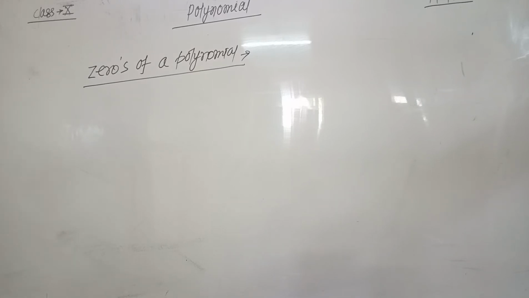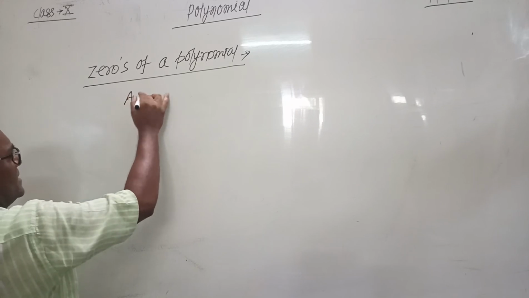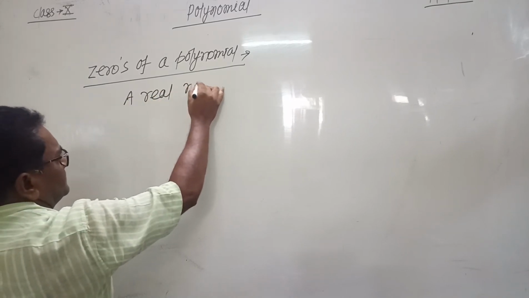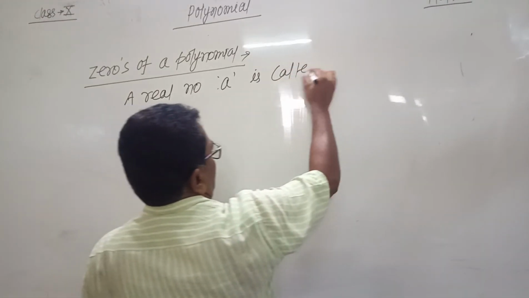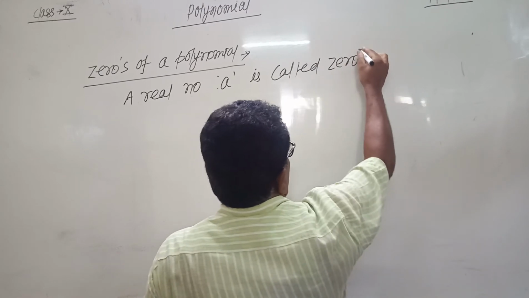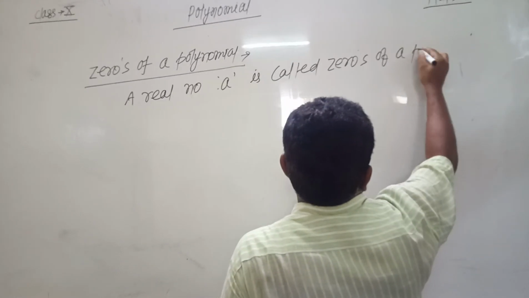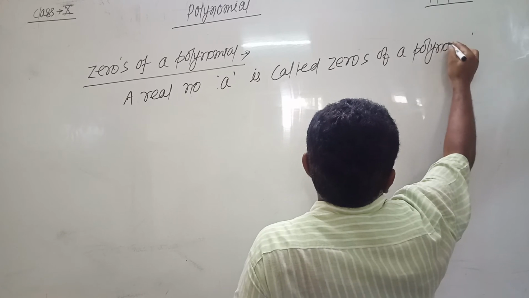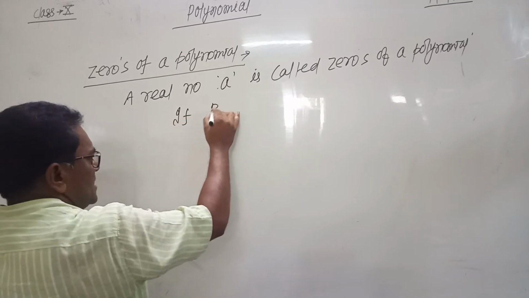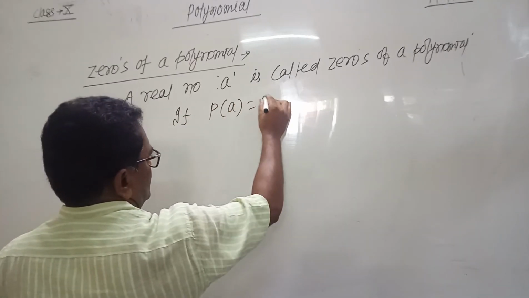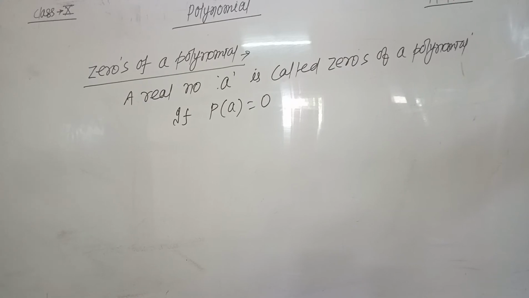A real number a is called a zero of a polynomial if p(a) equals 0.